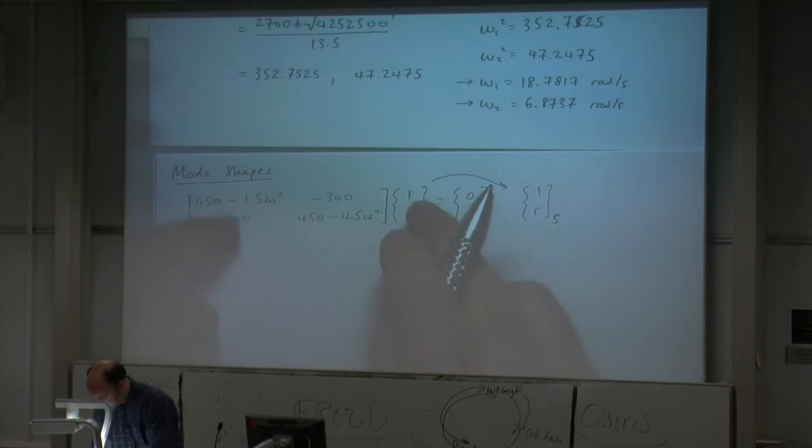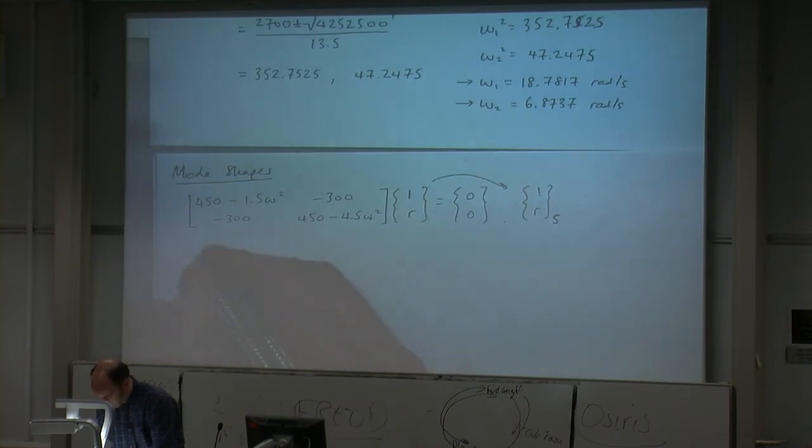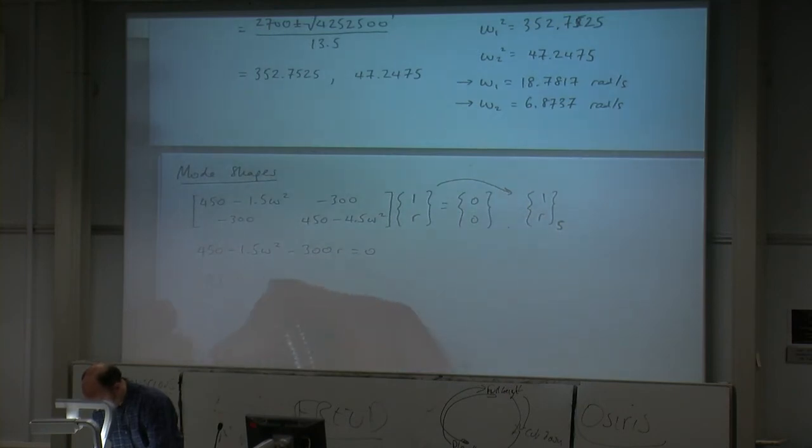So I do this number multiplied by this number, and this number multiplied by this number equals 0. So we could write that equation out as 450 minus 1.5 omega squared, minus 300 R equals 0. Therefore R equals (450 minus 1.5 omega squared) divided by 300. So to find R1, we have 450 minus 1.5 times omega 1 squared, which we have up here as 352.7525, divided by 300.